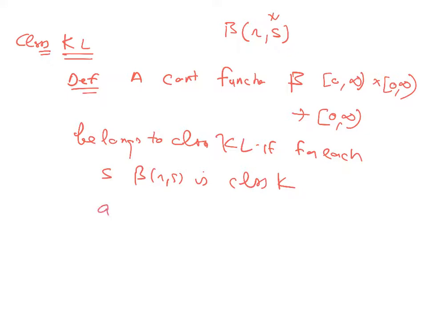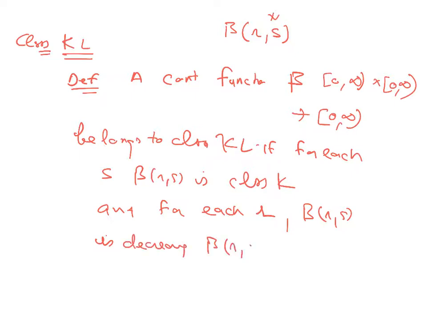And for each r, beta(r, s) is a decreasing function. Decreasing means beta(r, s) goes to 0 as s goes to infinity.